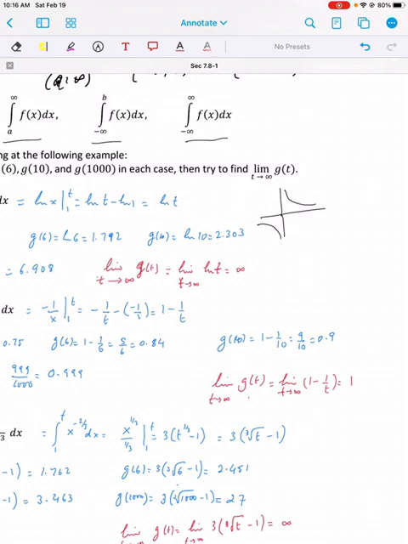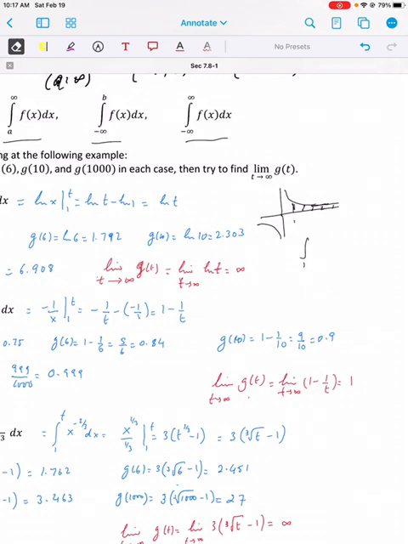Say 1 is here, then eventually we are trying to take the limit of the integral. So in other words, we are looking at the integral from 1 to infinity.